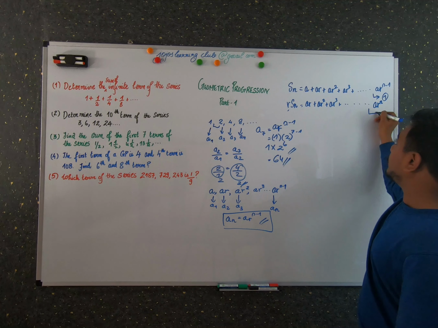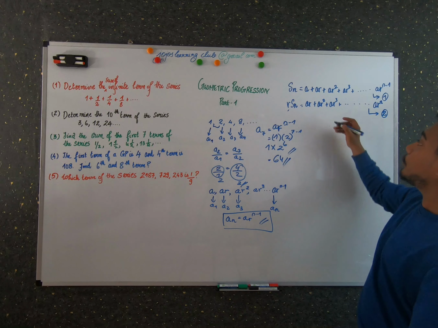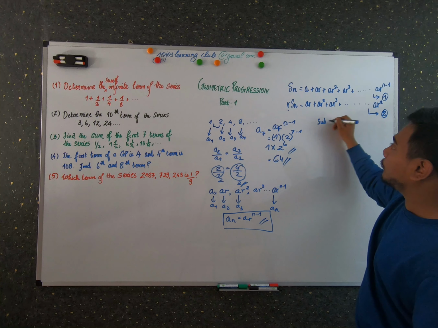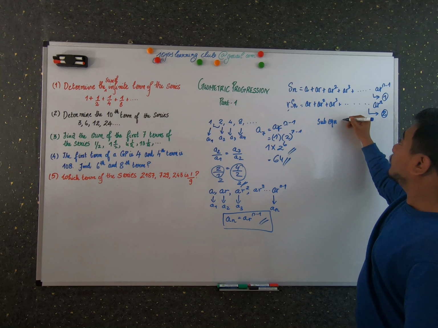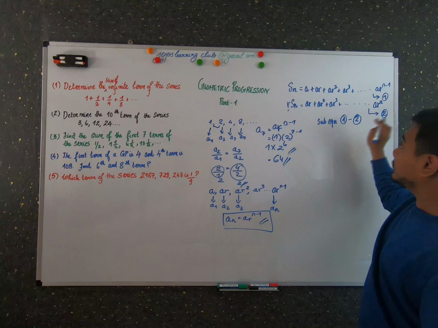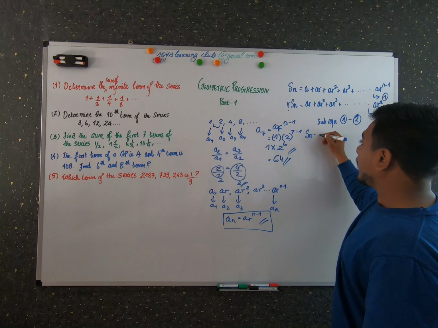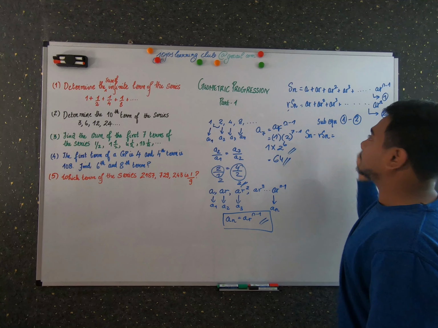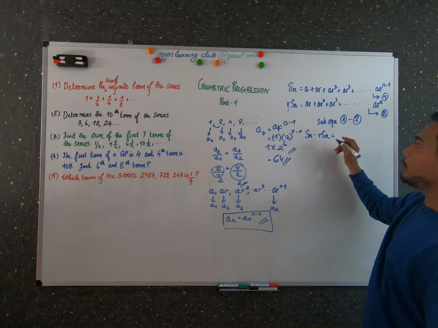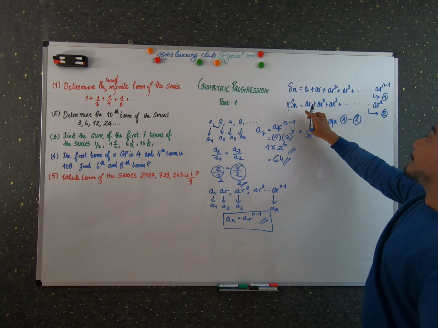Let's name this equation as equation number 2. Now subtract equation 2 from equation 1. So what I'm going to write is Sn minus R into Sn. Here it would be A plus all these expressions minus AR.